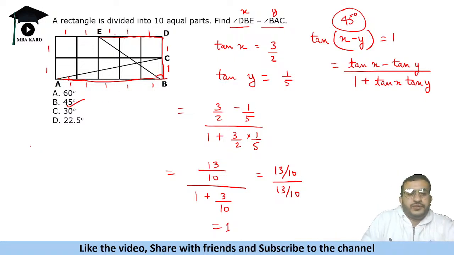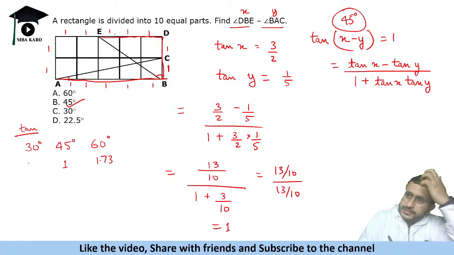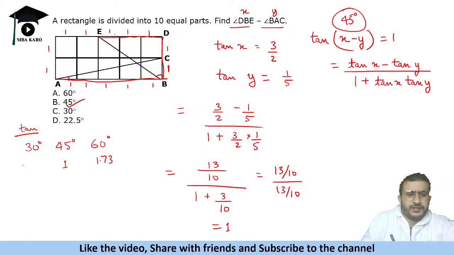One, see, we know the values of 30 degree, 45 degree, 60 डिग्री, इन सब की वैल्यूज पता रहती है एटलीस्ट. Tan 45 is 1, tan 60 degree is root 3, so 1.73, 1 by root 3, that is root 3 upon 3, so somewhere around 0.57.